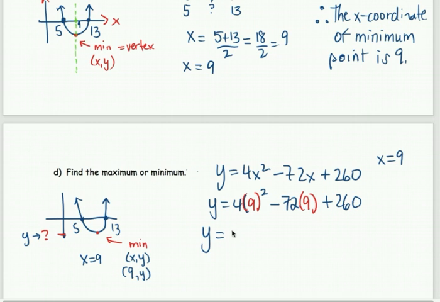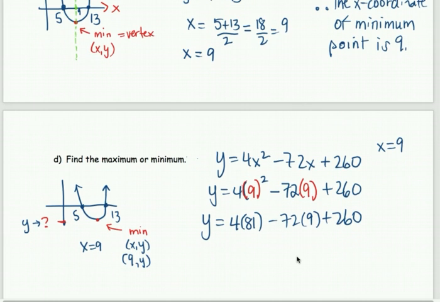I'm going to take care of this exponent first, 81, like that. Now I'm going to go through and multiply. 81 times 4 is 324. The next one, 72 times 9 is 648, and then plus the 260.